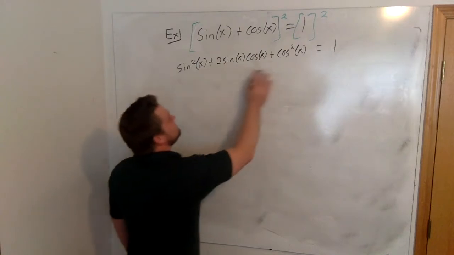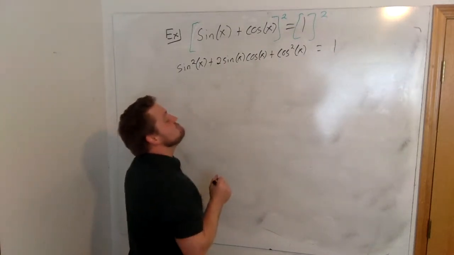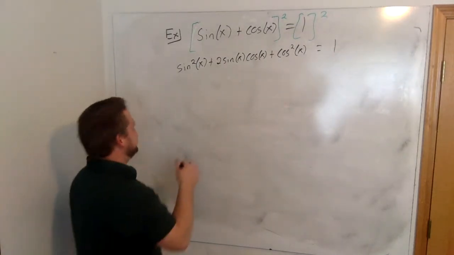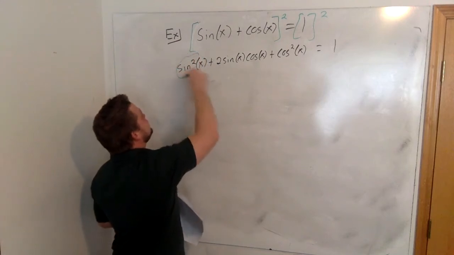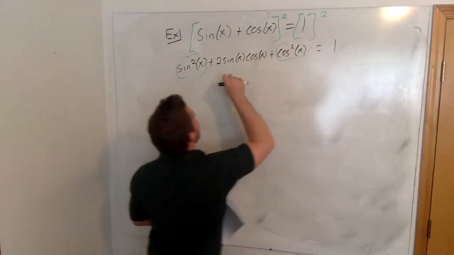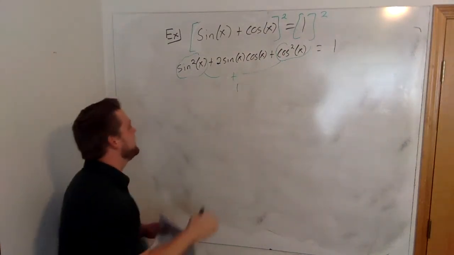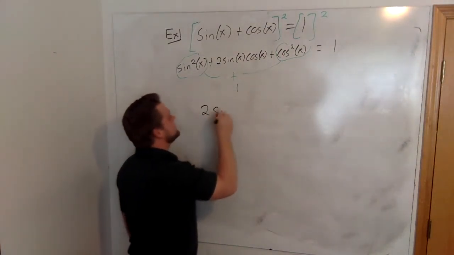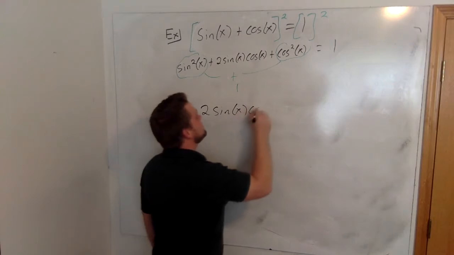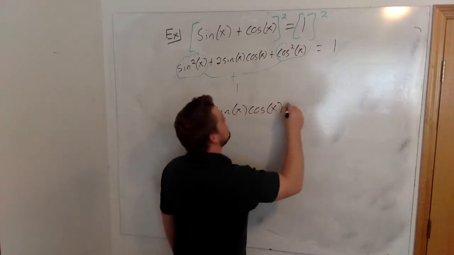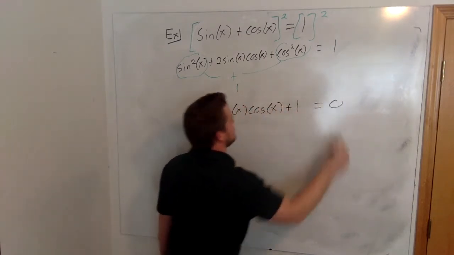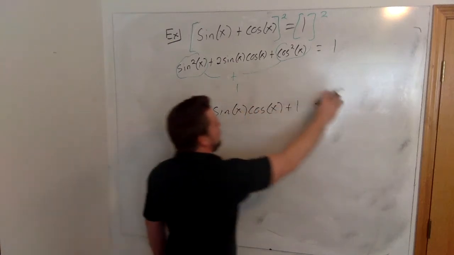Sine squared plus cosine squared, that smells like a 1 to me. This and this, you add them together, you get out a 1. You gotta love that. Okay, so we get a 2 sine of x cosine of x plus 1 will be equal to, I'm sorry, will be equal to 1.